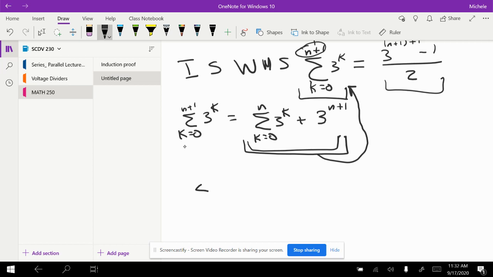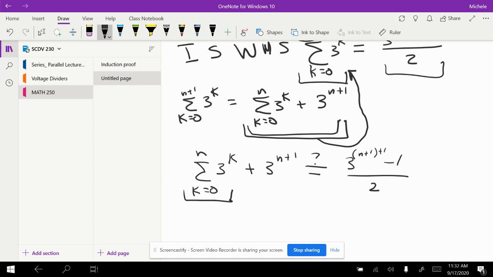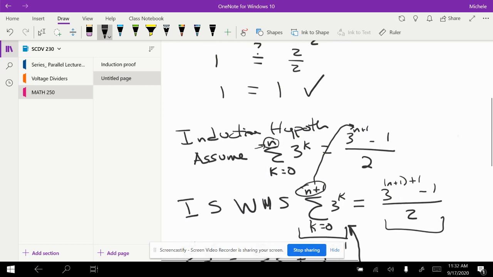So plugging this in, I get the sum of n, k equals 0, of 3 to the k, plus 3 to the n plus 1. And does that equal 3 to the n plus 1 plus 1 minus 1 over 2? So remember now, for this piece right here, I'm going to go back up and plug in this right here.